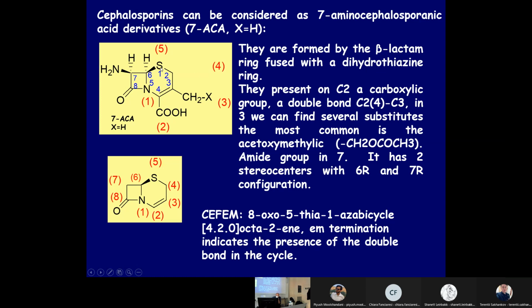Thia is related to the presence of sulfur. And so penicillins are characterized by the thiazolidine ring. In the case of cephalosporins, we say the dihydrothiazine system.